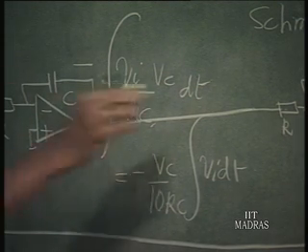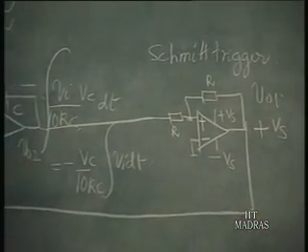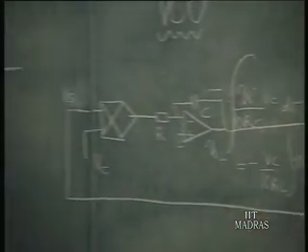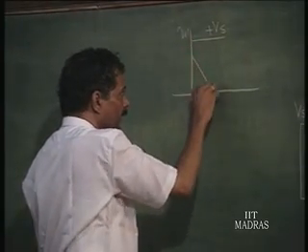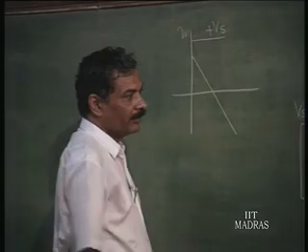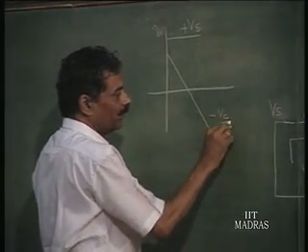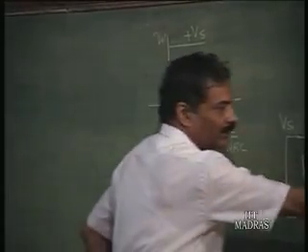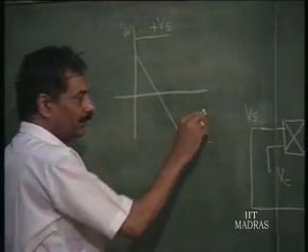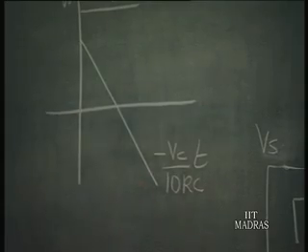Let us call this V naught 1, then this is V naught 2, and V naught 2 is going to be decreasing linearly. What will be the rate at which it is decreasing? It will be minus Vc by 10 RC into T.